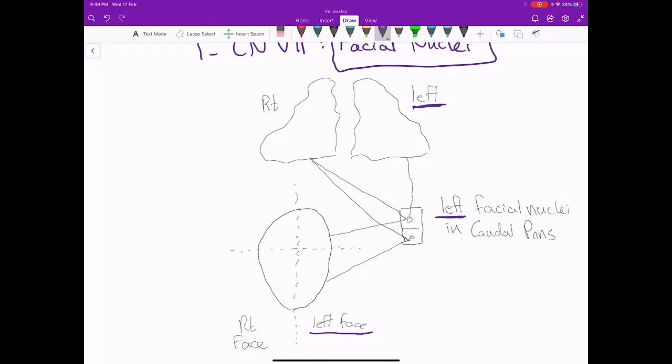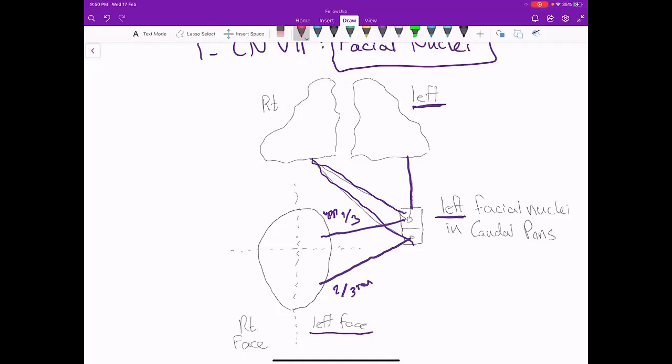So the left facial nuclei is actually 2 segments, and it receives one ipsilateral innervation to the facial nuclei, and it receives 2 contralateral innervations from the right cortex. Are we clear so far? The facial nuclei supplies the lower 2/3 of the face and the upper 1/3 of the face. Is that clear?